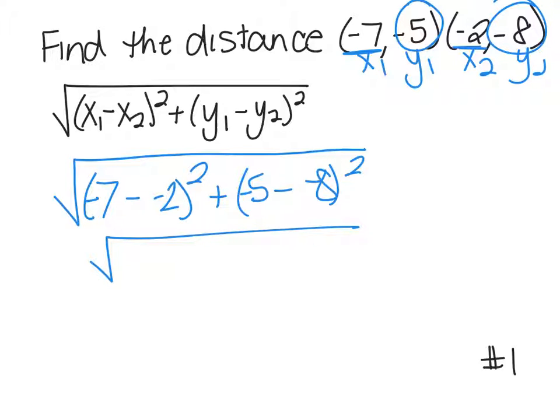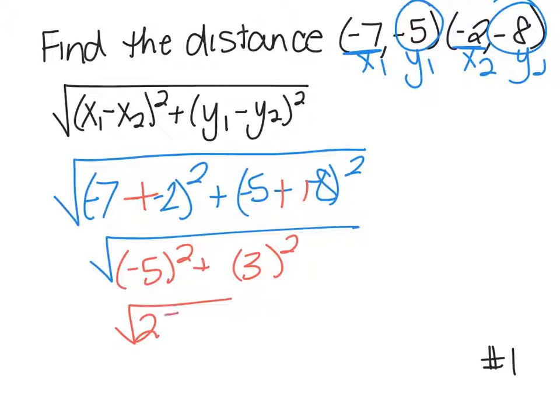So, this becomes an addition, and I have -5 squared plus, this becomes addition, 3 squared. So I have 25 plus 9, which equals the square root of 36.